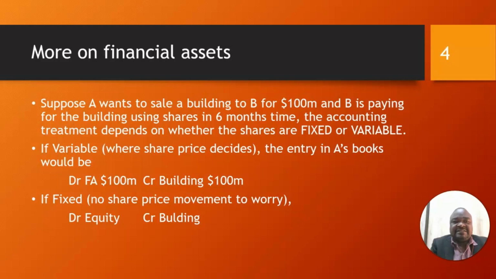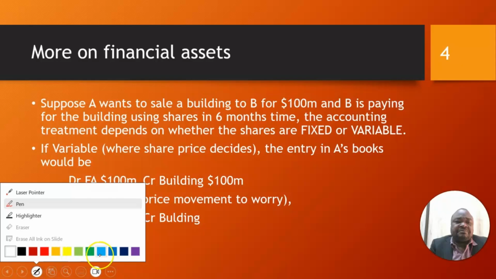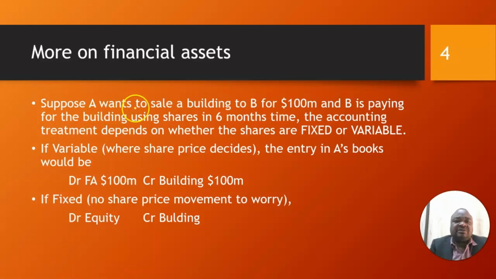Now, let us look at this example on financial assets. Suppose A wants to sell a building to B for 100 million, and B is paying for the building using shares in 6 months' time. The accounting treatment depends on whether the shares are fixed or variable.